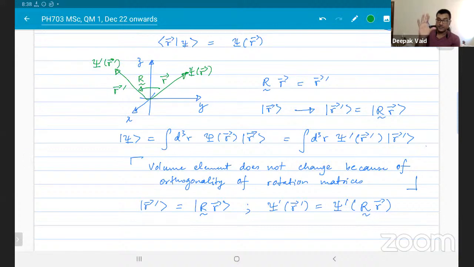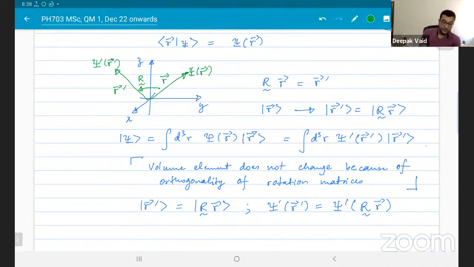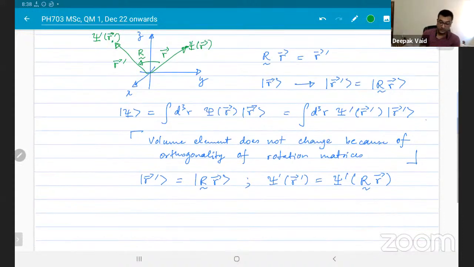You are just taking everything and rotating it. So psi of r is some function of r. When I rotate it, I get some new function of r. But the value of the function at the rotated point has to be the same as the value of the function at the old point.